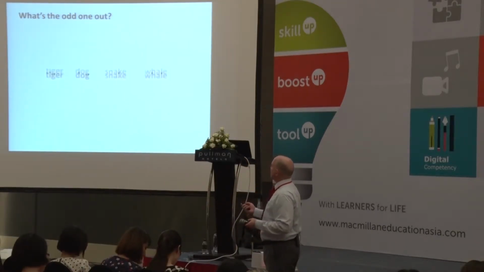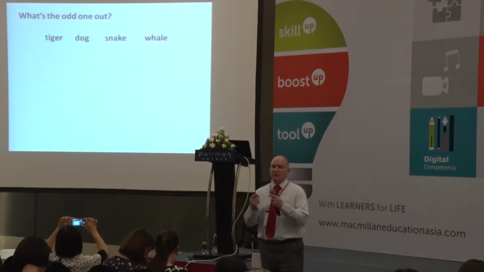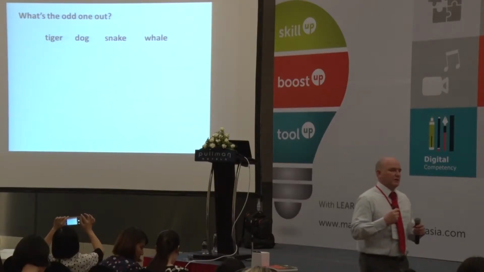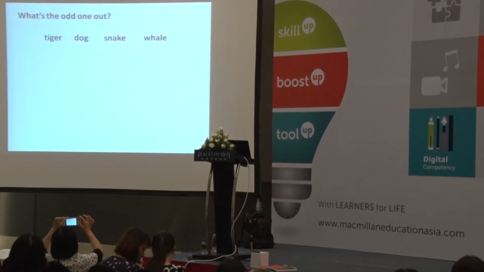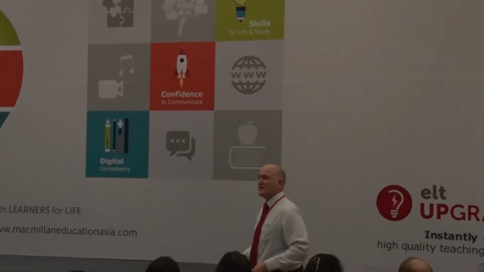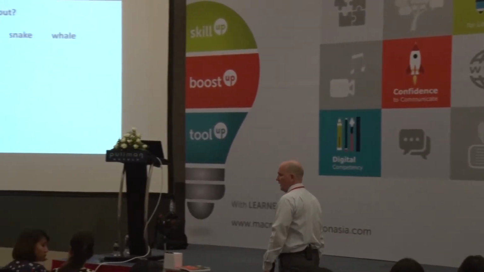Okay. So I've got 4 animals. Tell your partner, what's the odd one out? Tell your partner why and justify. Why?